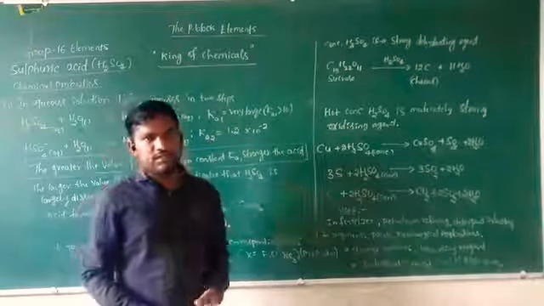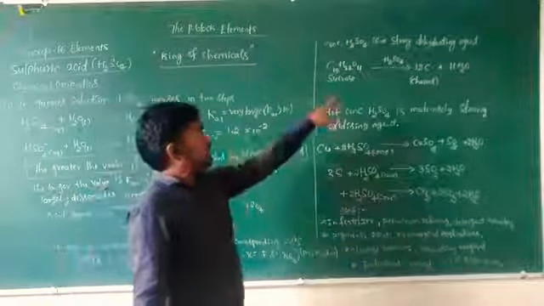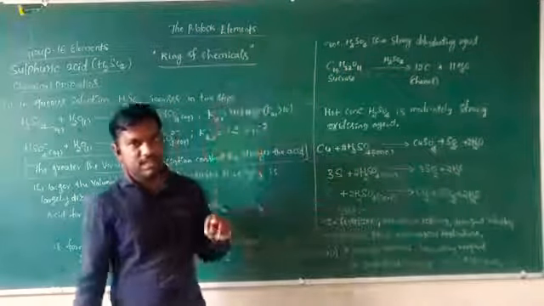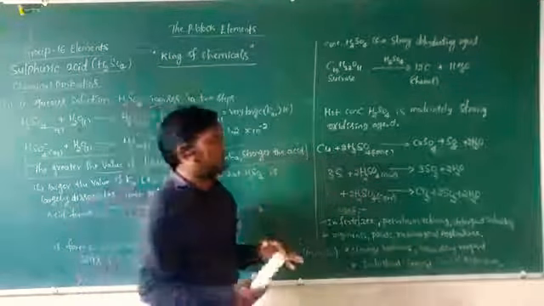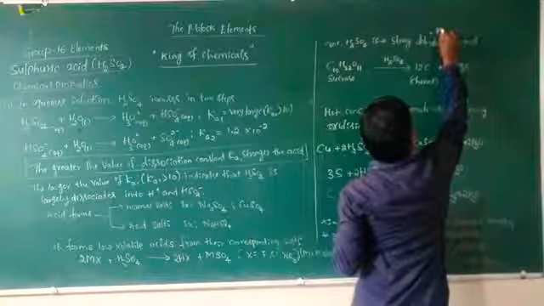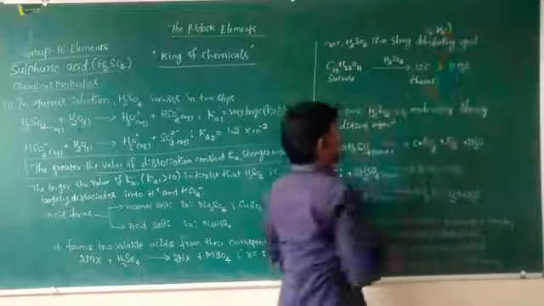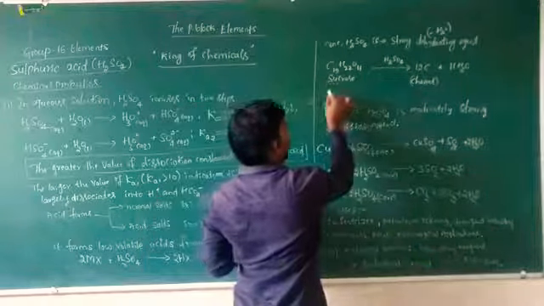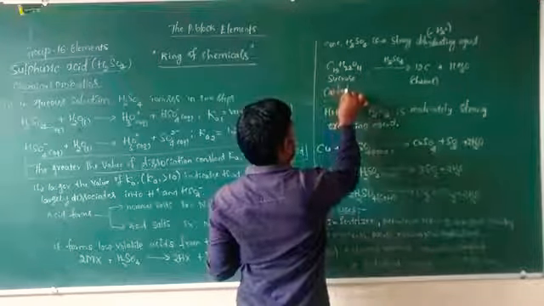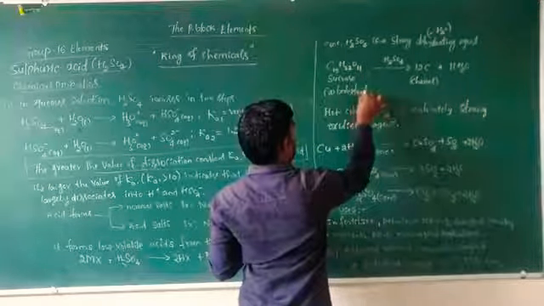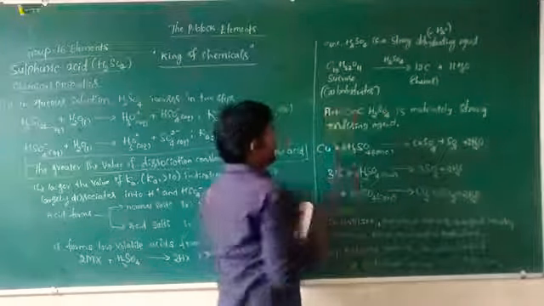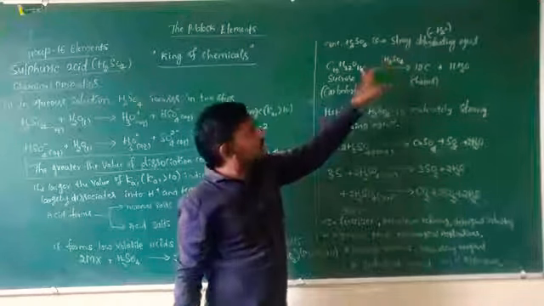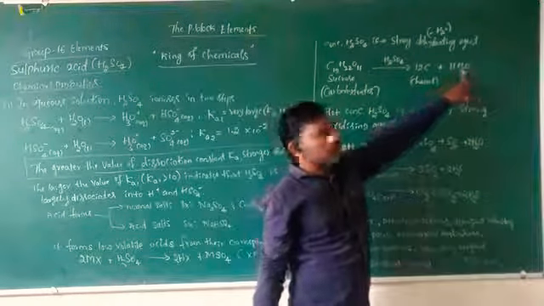Sulfuric acid is a strong dehydrating agent. What is meant by dehydrating? Removal of water. For example, carbohydrates like sucrose react with concentrated sulfuric acid to give water.